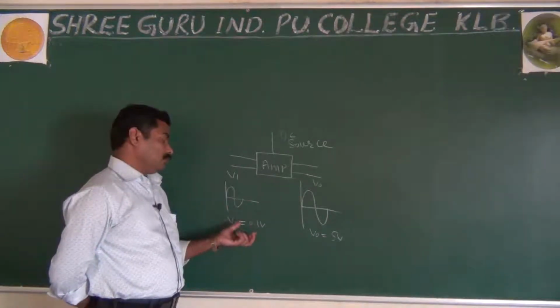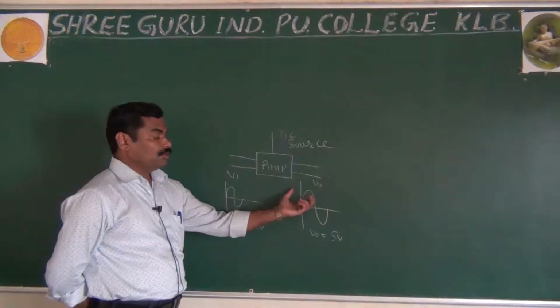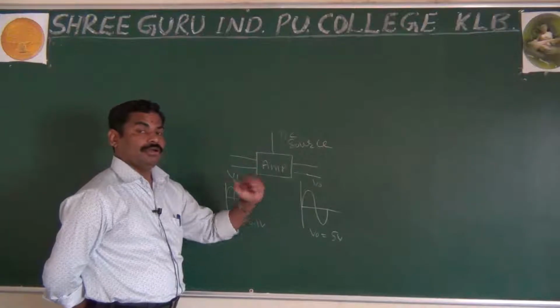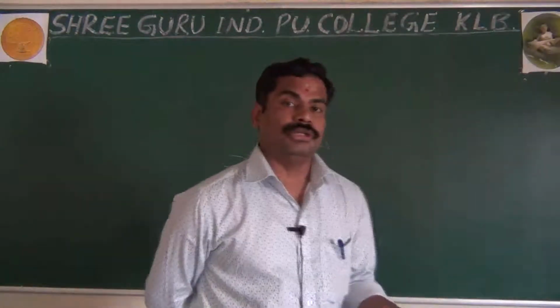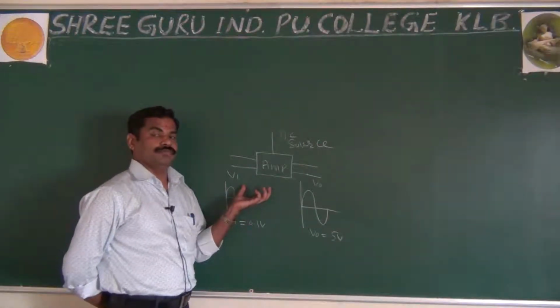We are giving a very small input voltage, but how do you get a very high output voltage? It means you are not violating the conservation of energy.